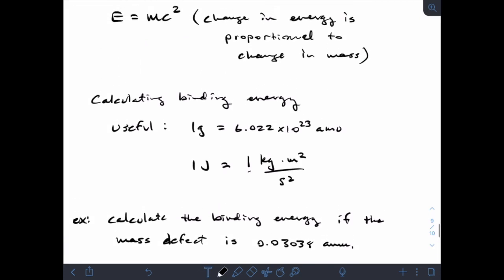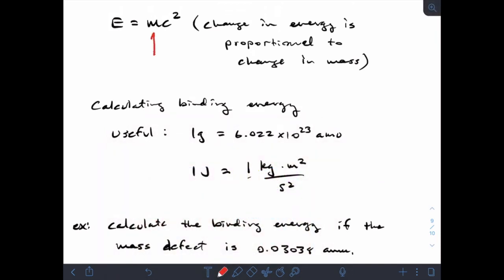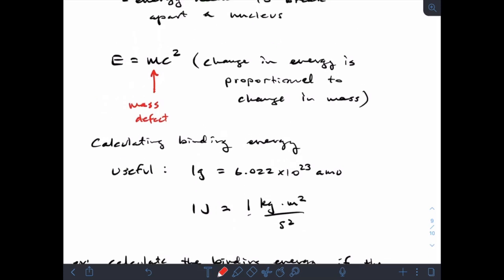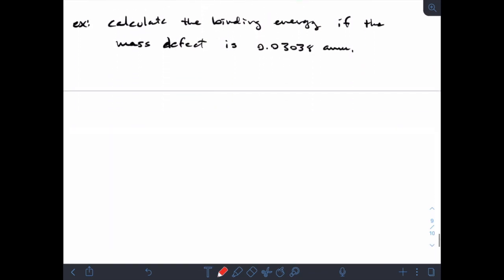In our E equals mc squared, I'm going to plug that mass defect in right there. Essentially what it does is it turns this equation into delta E equals delta M times c squared. So I'm going to plug my mass defect, which is the change in mass, into E equals mc squared.